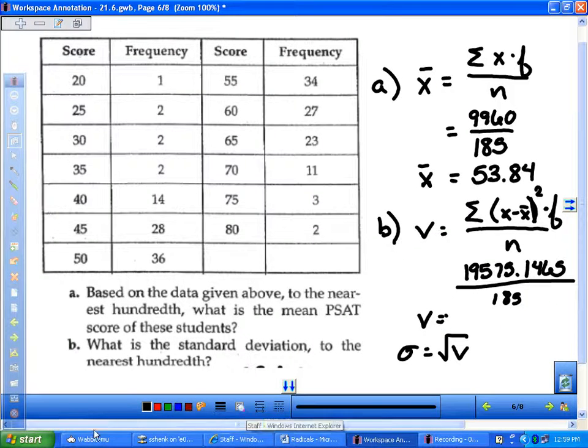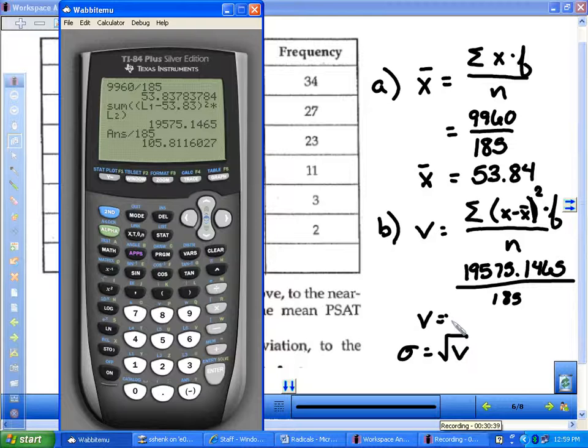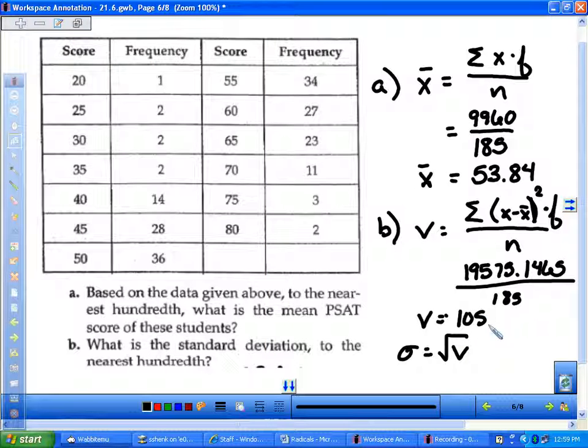So our variance then, we're going to take that value, divide it by 185. 105.8116027. And now what are we going to do with that value?